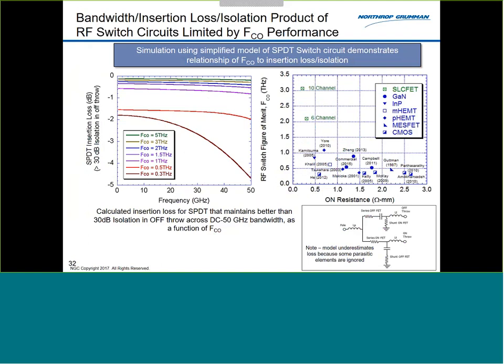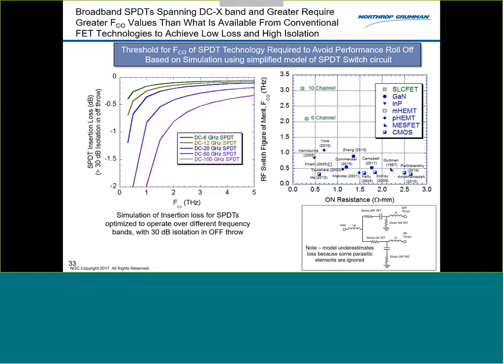This is for a broadband DC to 50 gigahertz. It's essentially showing that you need a device better than 1 terahertz if you want low loss, really broadband. Just doing the same things the same way with FETs is never going to get you to a low loss broadband switch. You have to get a much higher FC0 to achieve that.